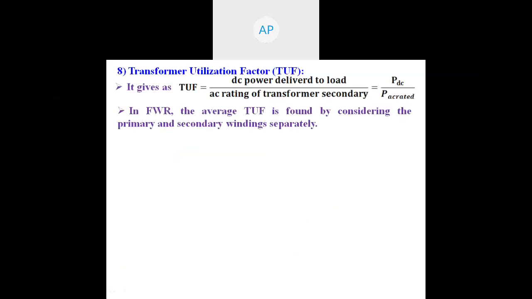Next is the transformer utilization factor. So what is the transformer utilization factor? It is given as PDC divided by PAC rating. So here guys, remember that the transformer utilization factor is found by considering the transformer secondary voltage on the upper half of the transformer as well as the lower half of the transformer secondary with respect to the primary winding.